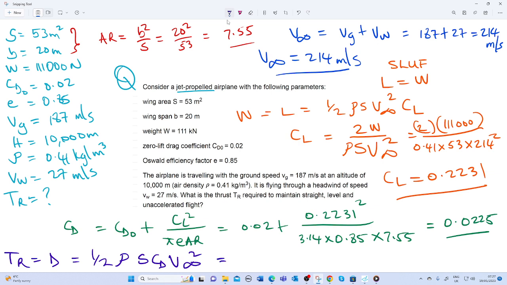So that gives us half multiplied by 0.41 times S, which is the area, 53, times CD, which is calculated 0.0225, times our velocity, which is 214 squared, which gives us 1.18 kilonewton calculated.